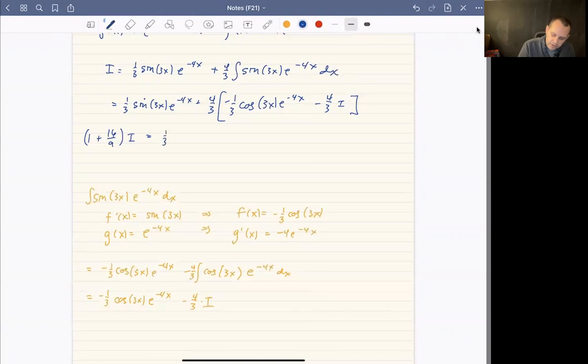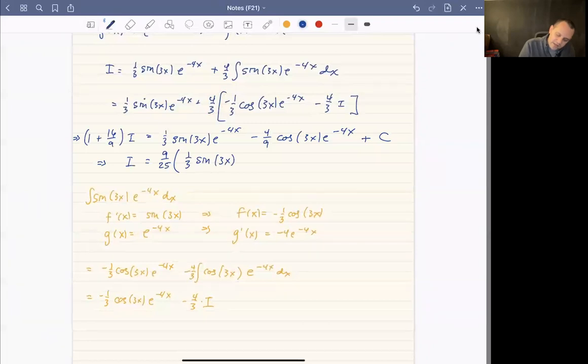So that's 1/3 sine of 3x e to the -4x minus 4/9 cosine 3x e to the -4x. And so therefore this implies that the integral that we're starting with was 9/25 times all this, and I need a plus c here. So that's 9/25 times 1/3 sine of 3x e to the -4x minus 4/9 cosine of 3x e to the -4x plus c.